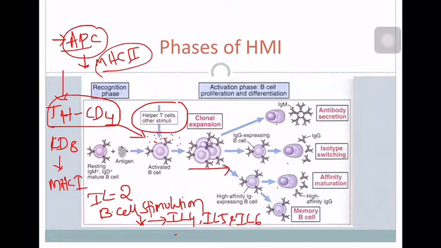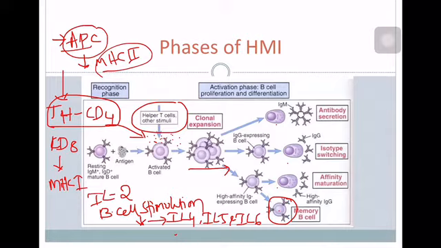A small proportion of activated B cells, instead of transforming into plasma cells, will be converted into memory cells, which have a role in the secondary type of response on subsequent contact with the same antigen. There are two types of antigens, T cell dependent and T cell independent antigens.